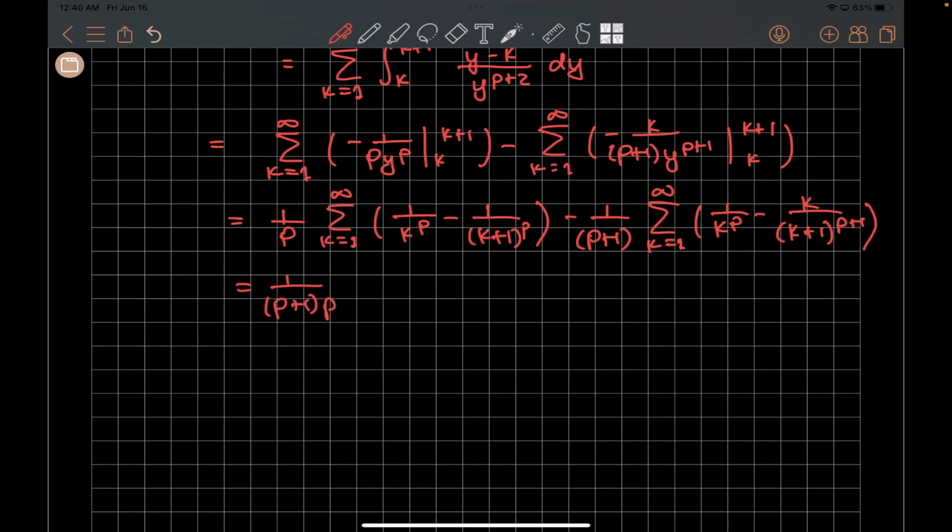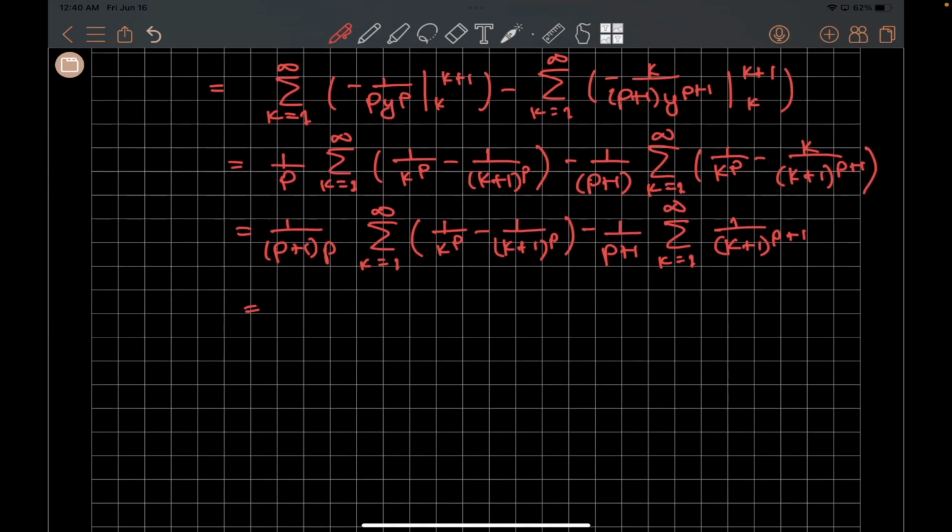So finally we get, collectively, the sum from k equals 1 to infinity. So this term in the brackets, in the first bracket, is a telescoping series, so it goes to 1. You can check that.